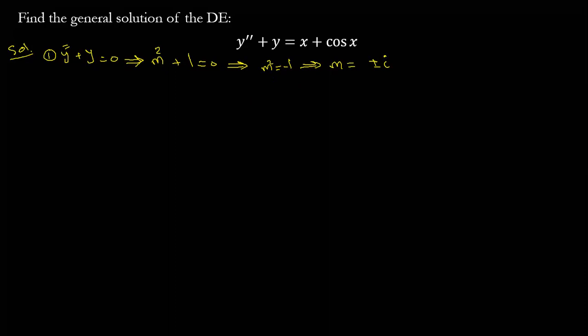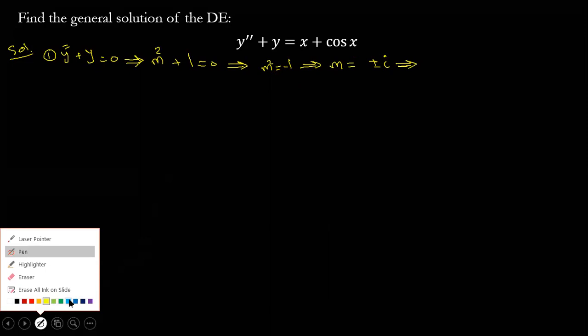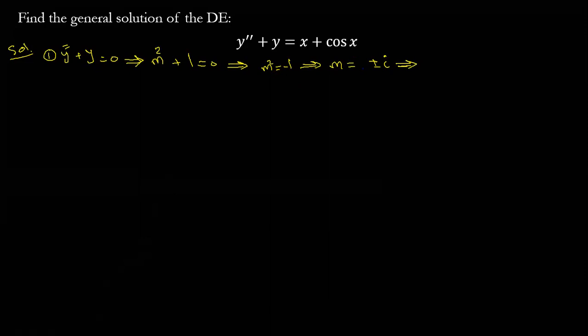Do you remember now, Zaina, that if m is a complex number, what the solution of the differential equation will be? Don't forget alpha. Here my alpha is 0 and my beta is 1.